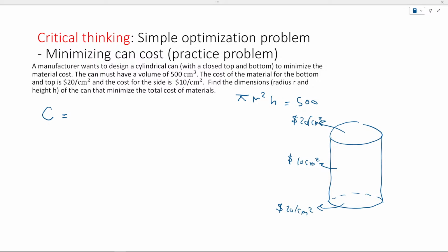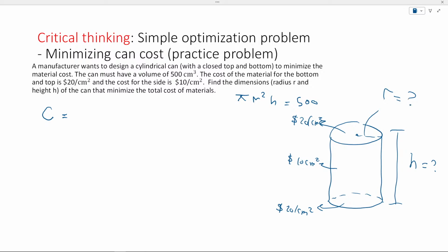So what is the cost? The height here, we don't know, that's what we want to find. And this radius here, we don't know, we want to find.